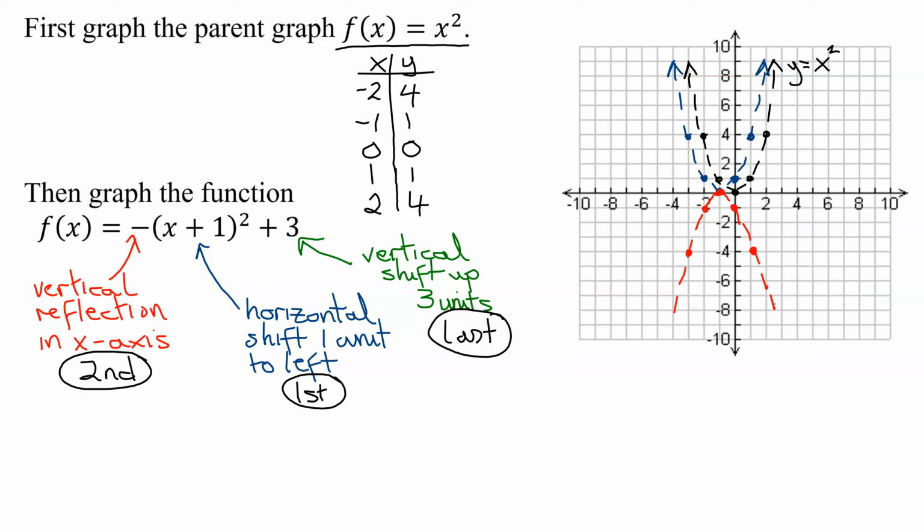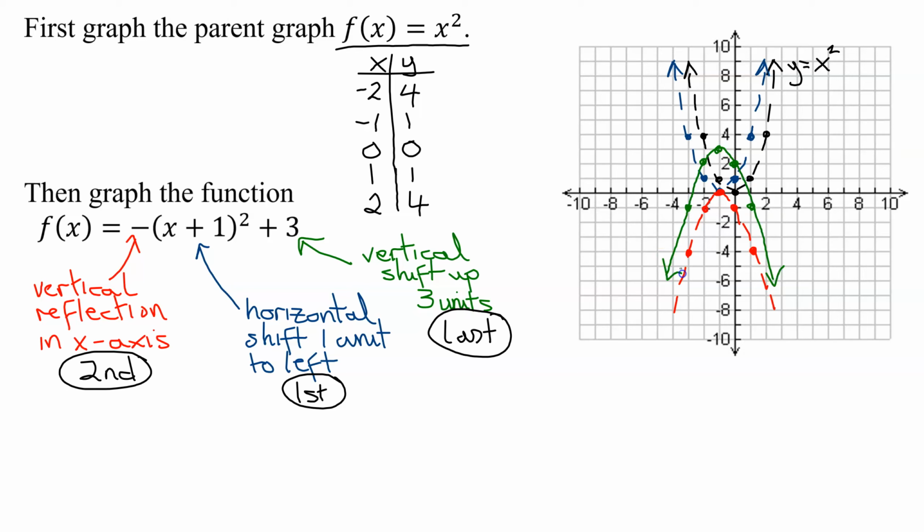And lastly, I have to shift it 3 units up. So you just take all the red points and you go 1, 2, 3. 1, 2, 3. 1, 2, 3. 1, 2, 3, and 1, 2, 3. Now this one I'm going to graph as a solid line since it's my final graph.